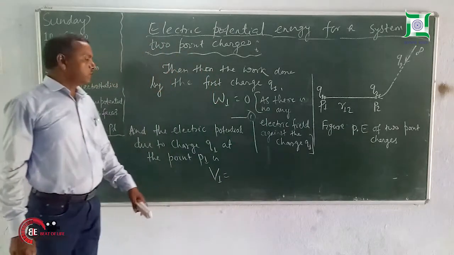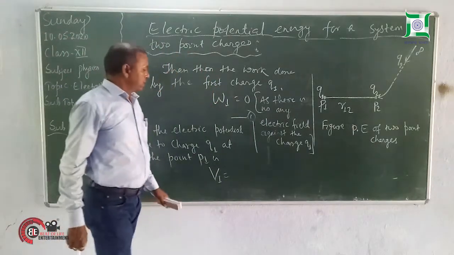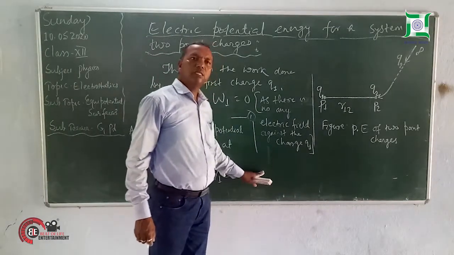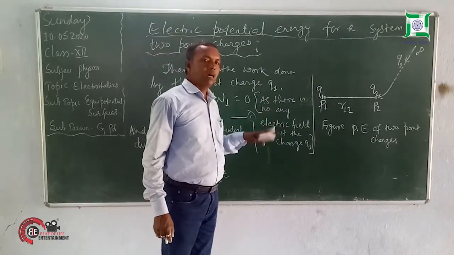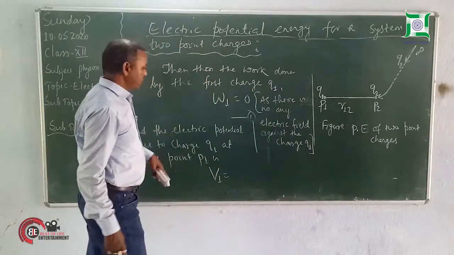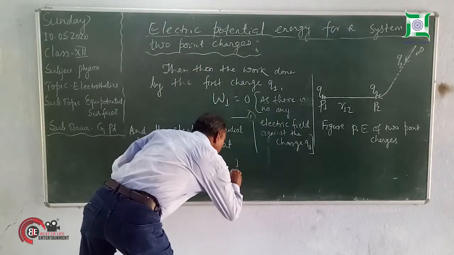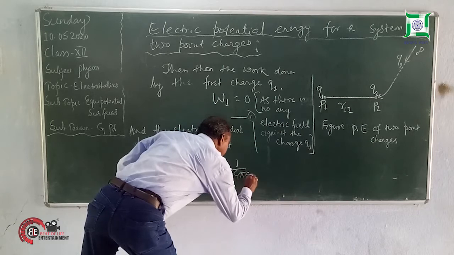You know that the expression for electric potential is given by 1 by 4 pi epsilon naught into q by r, the distance. So here will be the constant term 1 by 4 pi epsilon naught.